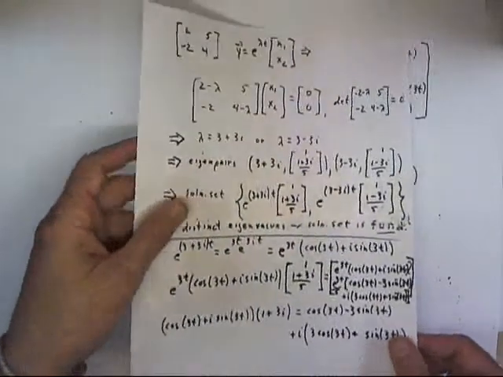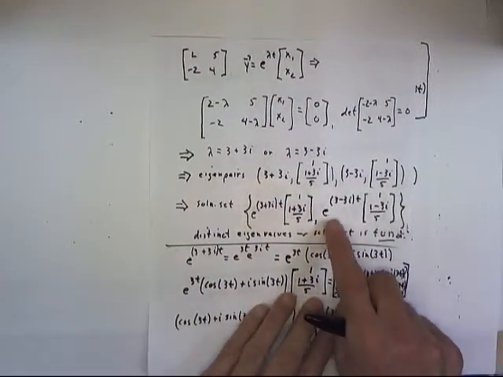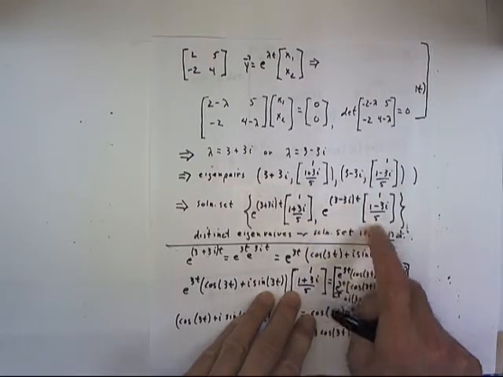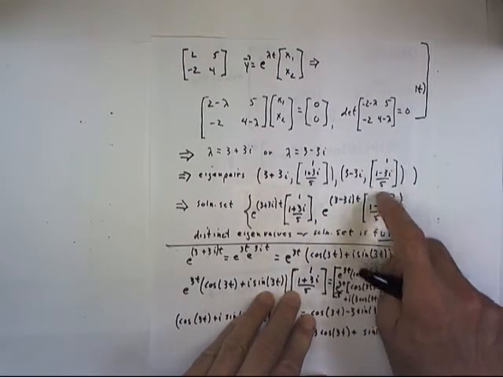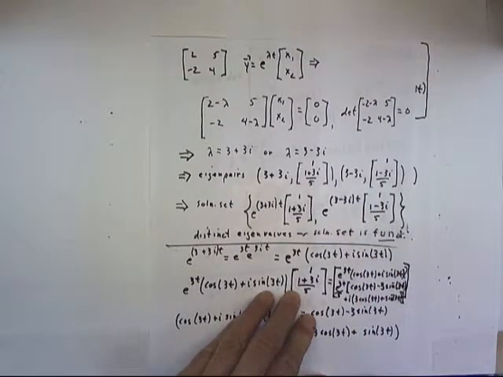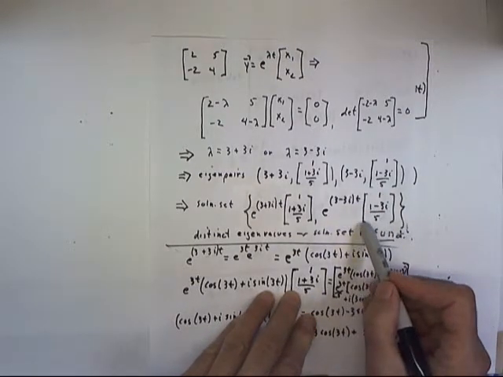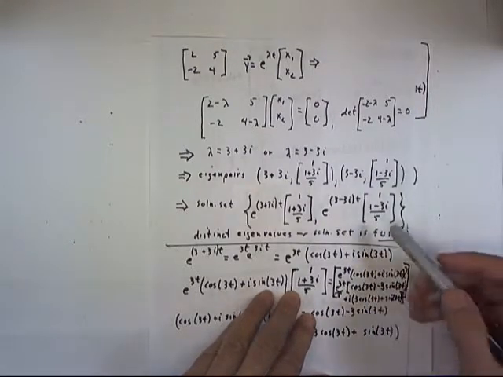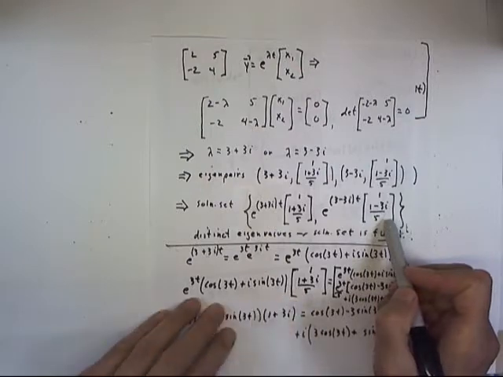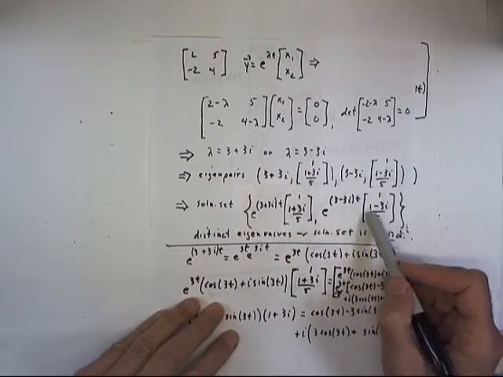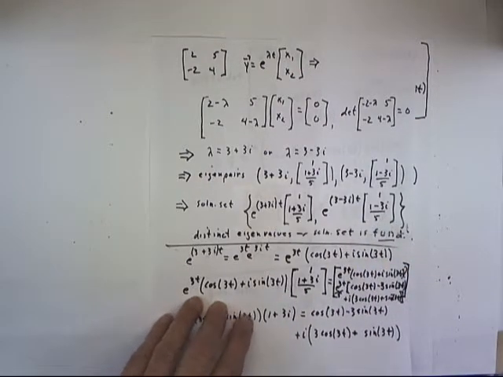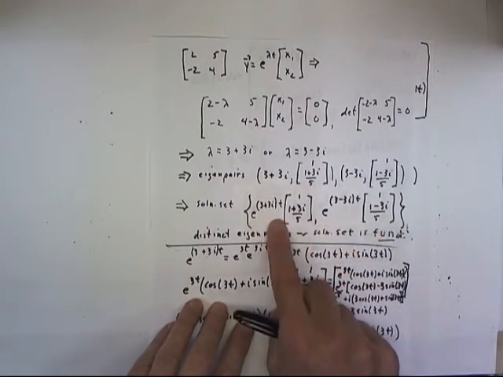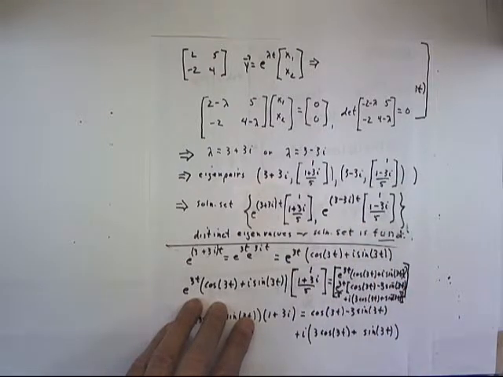Now, in our original equation, we've totally ignored our poor old second solution, e to the 3 minus 3i t times the eigenvector 1, 1 minus 3i over 5. We haven't used it at all. We could have used it. We could have written it as a sum of a real and an imaginary part using the same sort of manipulations we used with this function. But we haven't done so.